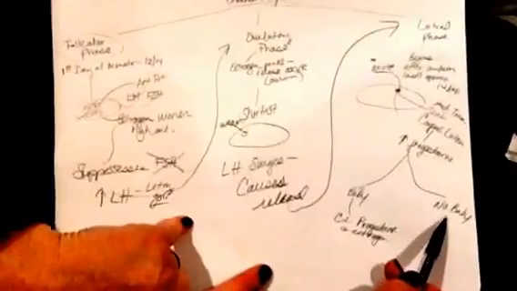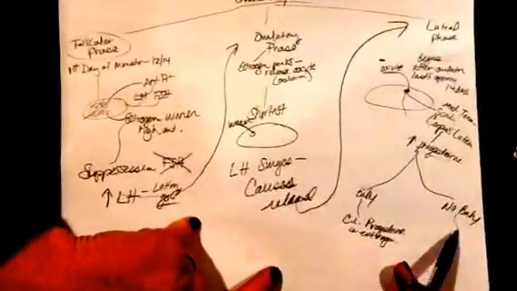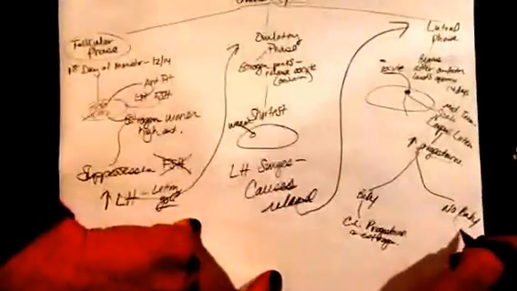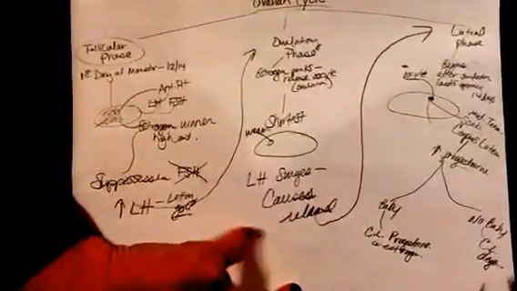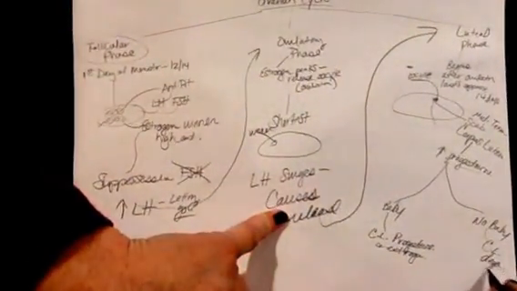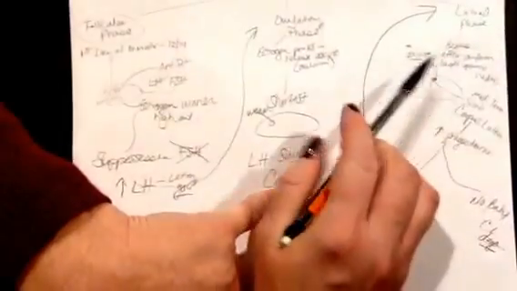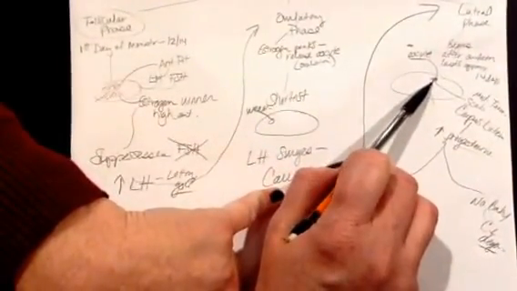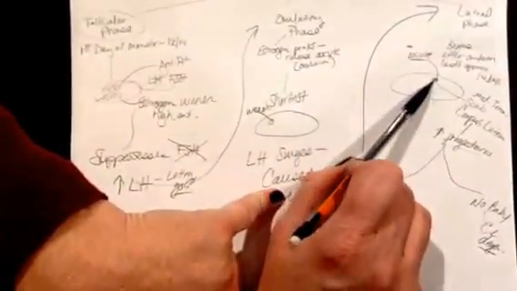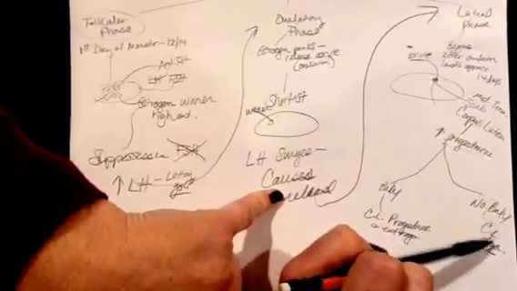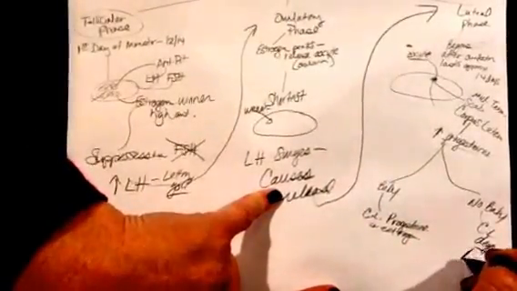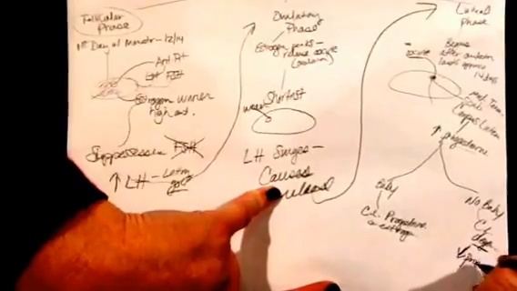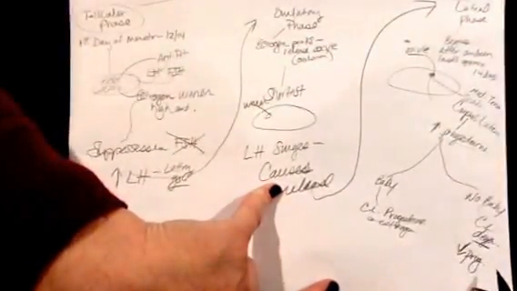If there is no baby, no pregnancy that occurs, the corpus luteum then degenerates. And with that degeneration, because we knew that it was producing progesterone, but the progesterone is no longer needed, it causes a decrease in progesterone levels.